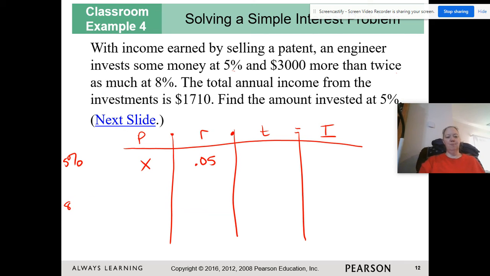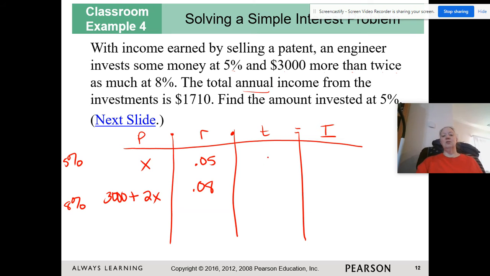So here's my 8% account, which our interest rate is going to be 0.08. 3,000 more than twice as much. Twice means 2 times.